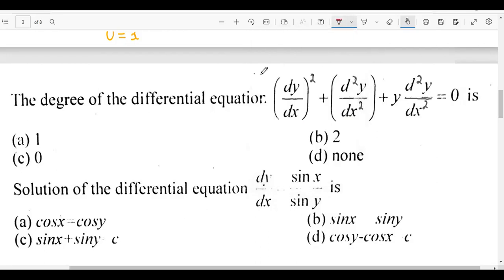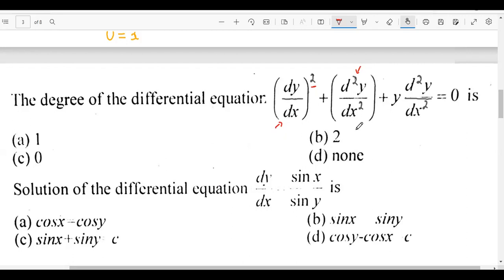Okay, it says the degree of the differential equation. Now they are talking about the degree. I've told you earlier as well, when they talk about order, we look at the highest order. And when they talk about degree, we do not look at the degree of dy by dx.